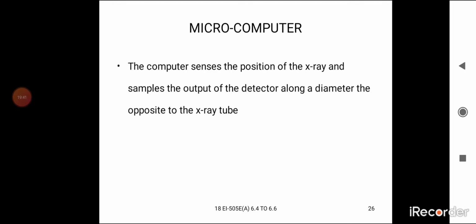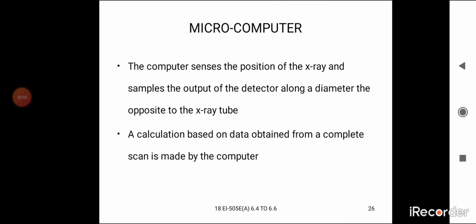Microcomputer: the computer senses the position of the X-ray tube and samples the output of the detector along a diameter opposite to the X-ray tube. A calculation based on data obtained from a complete scan is made by the computer.